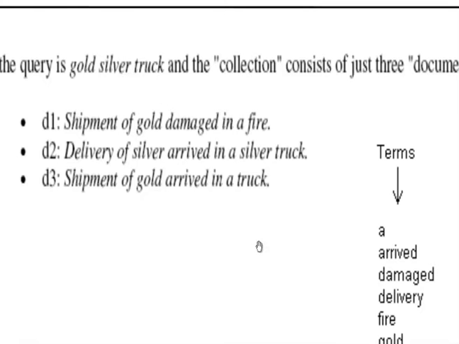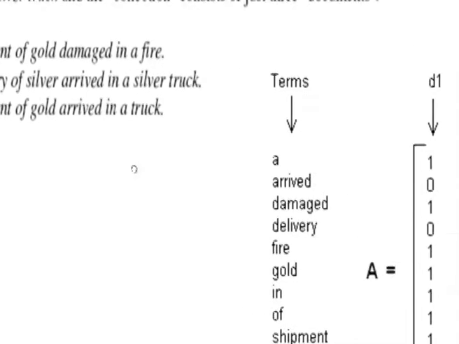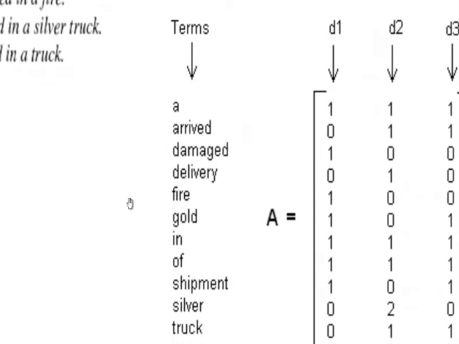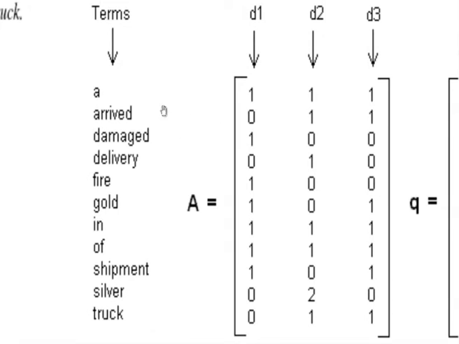Now, the given set of documents is going to be represented using a set of terms. The terms are a, arrived, damaged, delivery, and so on. The terms that are available in the given 3 documents are sorted in alphabetical order. Now, we can represent the given 3 documents as a vector of these terms.